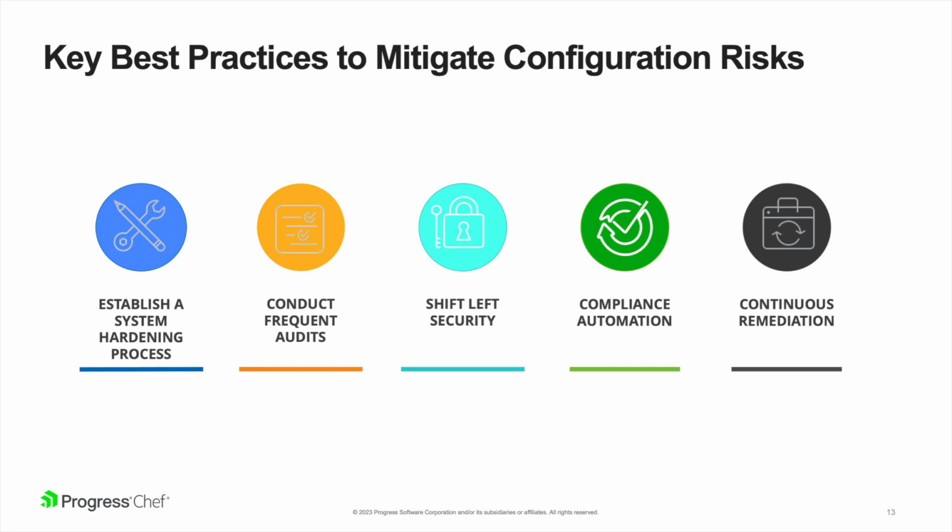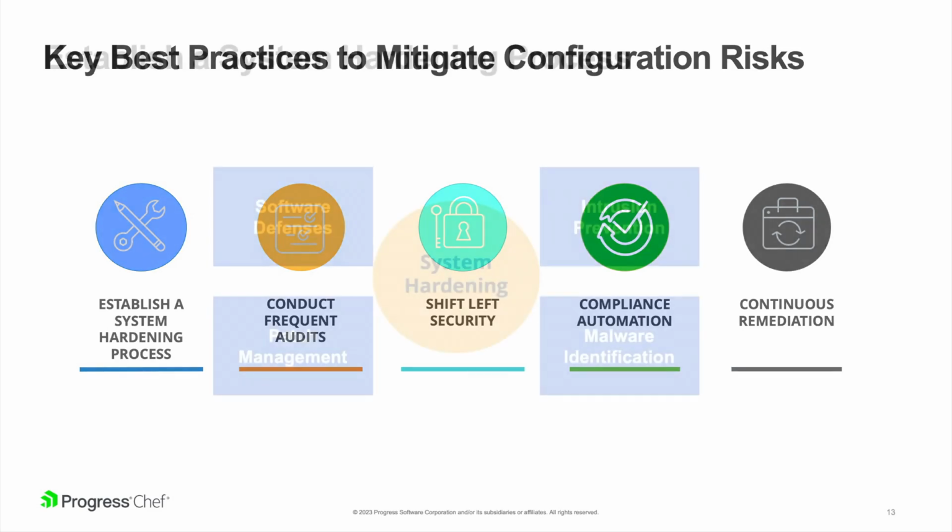Let's take a look at the preventive measures you can employ to manage security misconfiguration. Establishing and managing a system hardening process, conducting audits frequently, shifting security left. What you can see are some of the best practices that you can follow. And in the subsequent slides, we shall look into each of them in a little bit more detail.